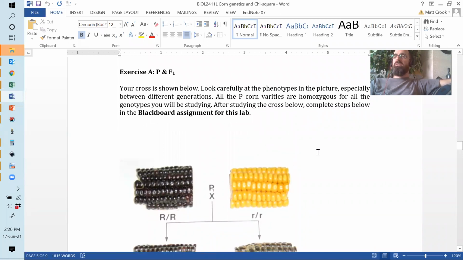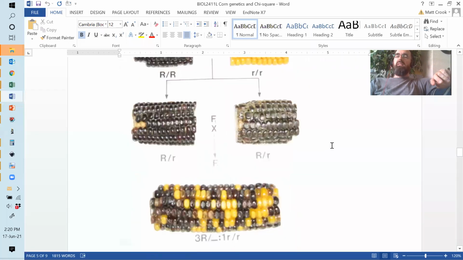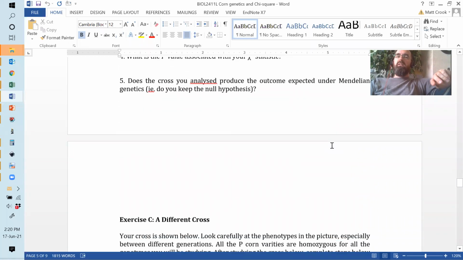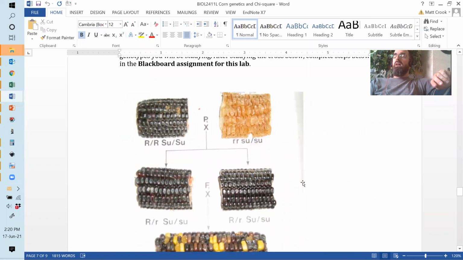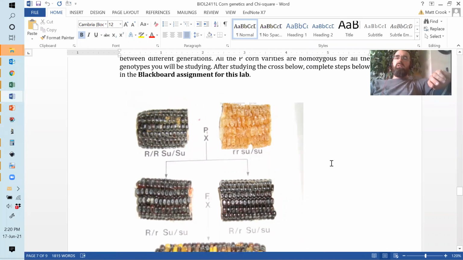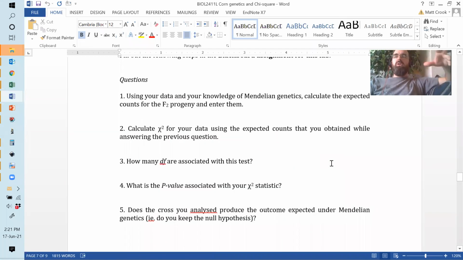So essentially this is split up into 4 exercises, right? The first 2 exercises are for a monohybrid cross, that'd be the first one and the second one. And then 2 exercises are based on a dihybrid cross, right? So essentially they're repeats.